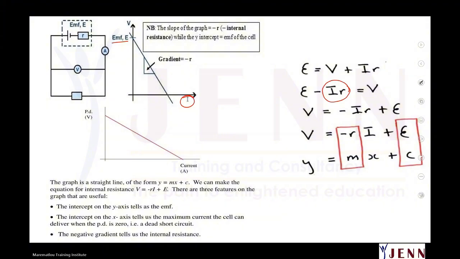If we put it as a function, internal resistance becomes the gradient of the graph because current is now our X and EMF becomes the constant.